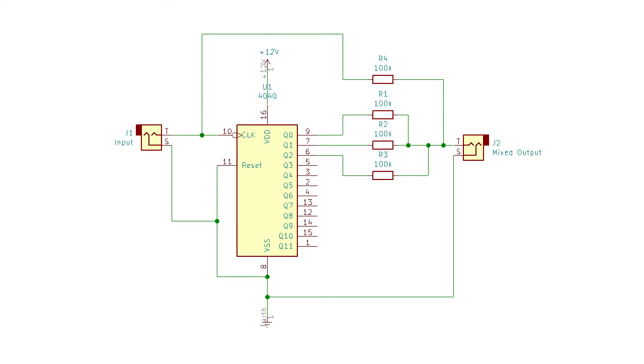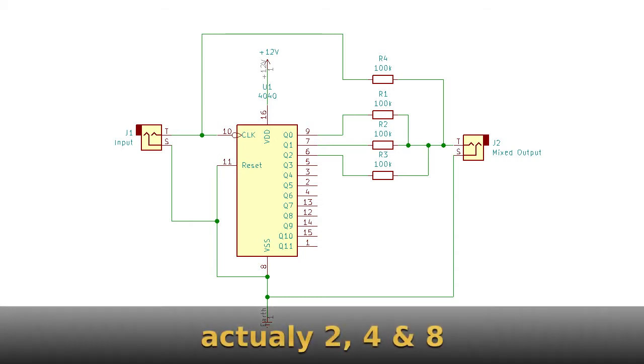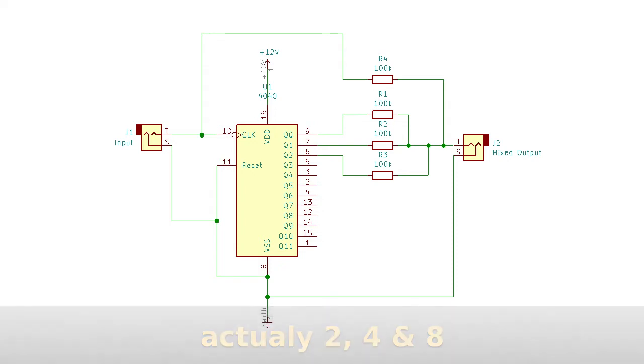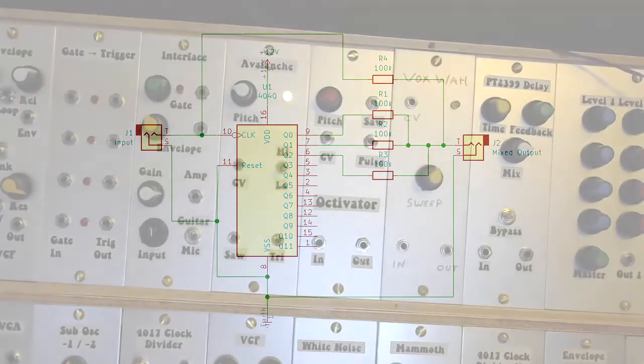And what I've done, I've actually taken the first 3 registers, so I've got divide by 2, 4, and 6, counting in twos. So I've got the first 3 sub-octaves basically, as well as obviously getting the original output from the oscillator.